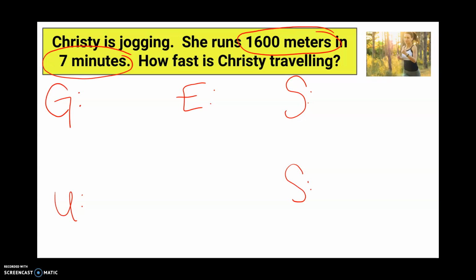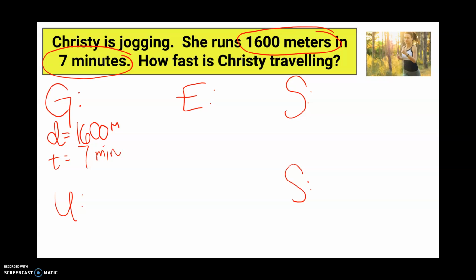It's how far she's traveling. So I'm going to put D equals 1,600 M for meters. And I know that she runs 1,600 meters in 7 minutes. So 7 minutes is my other given. It's a number. It's time, how long it takes her. So T equals 7, and we're going to put MIN for minutes.